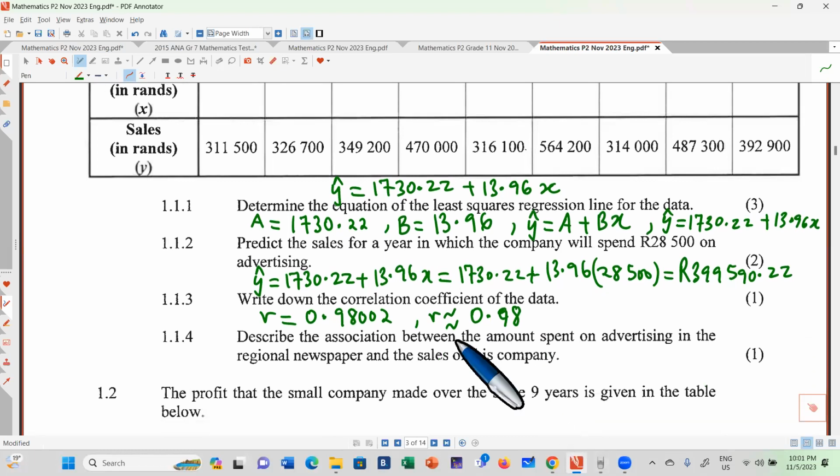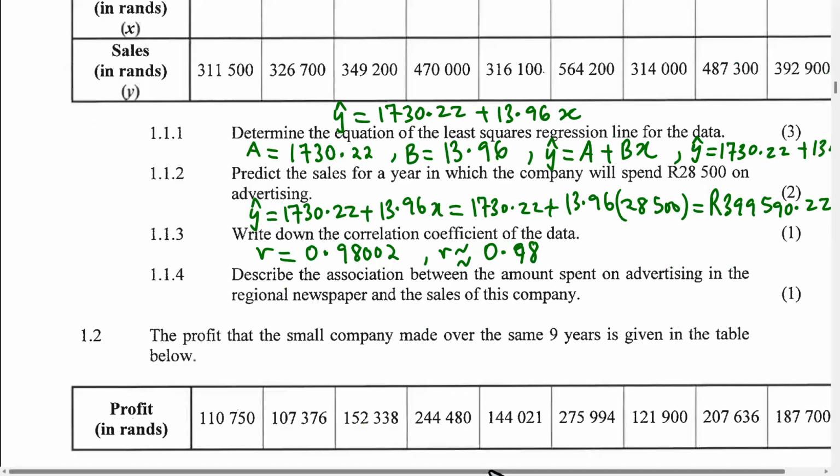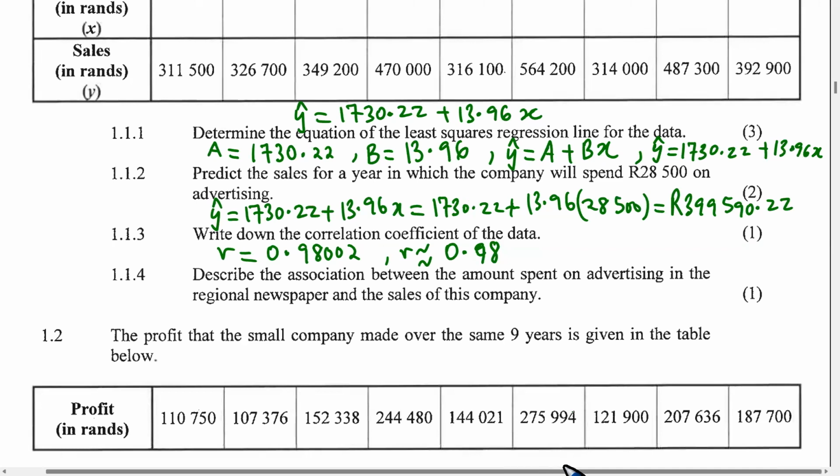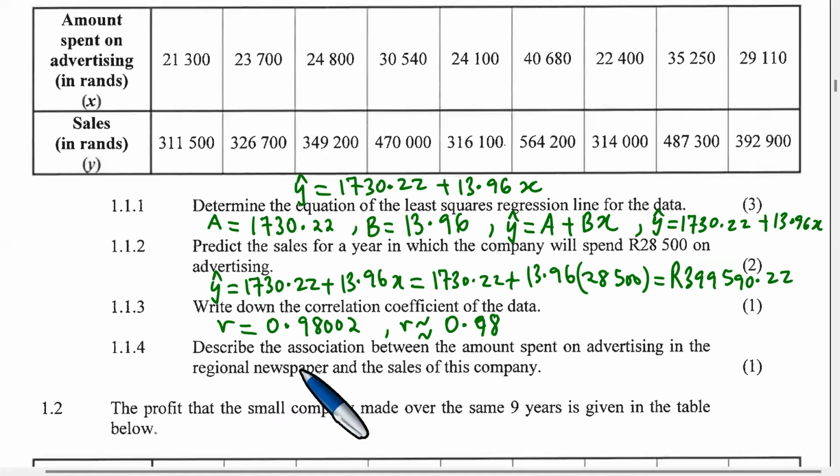Right, describe the association between the amount. Right, we're right back now, and we are looking at this question where the examiner says you need to describe the association between the amount spent on advertising in the regional newspaper and the sales of this company.